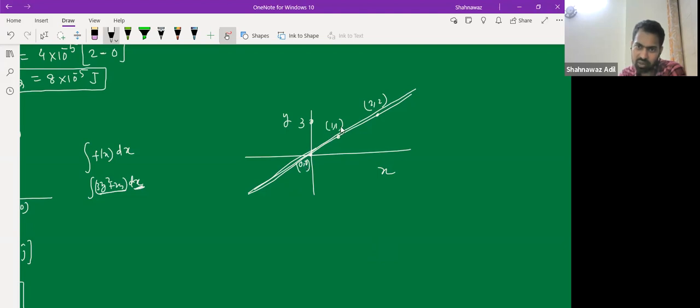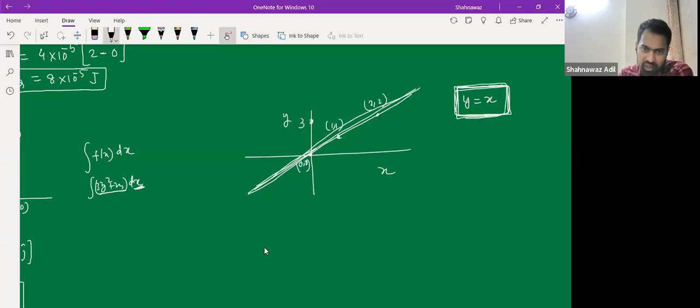At 1, my y is 1. At 2, my y is 2. Right. So this graph represents that y equals x. So this is a straight line, y equals x line.